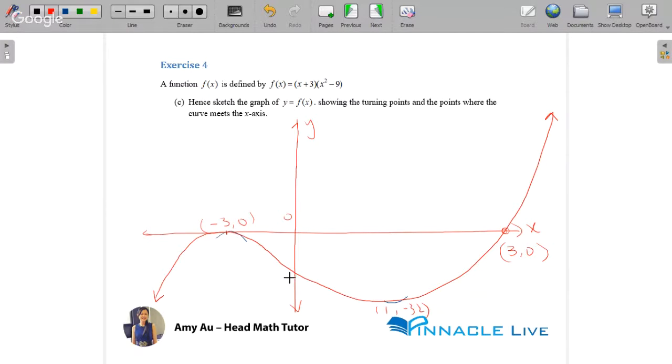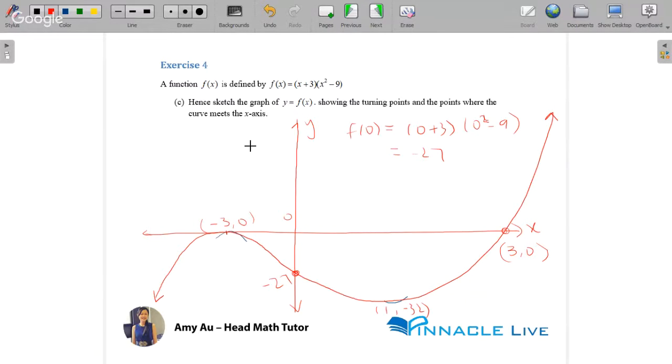Now there's also a y-intercept here, which we're simply finding out what f(0) is. So putting that into the calculator, or you can do it in your head. It's just 9 times 3, so -27. So that point is -27. Clearly, my graph is not to scale, but you get the idea.